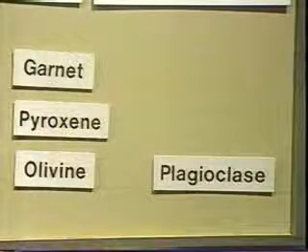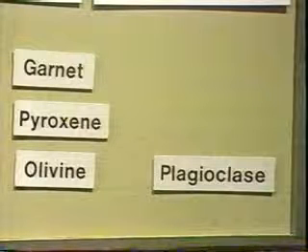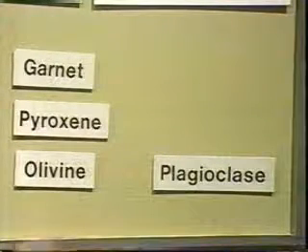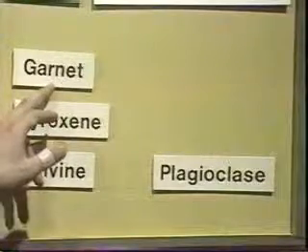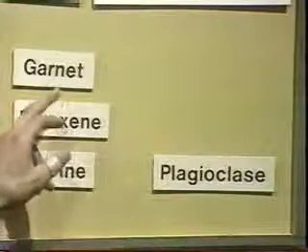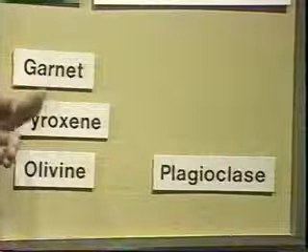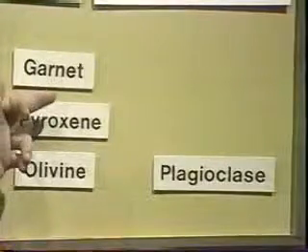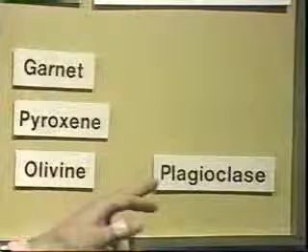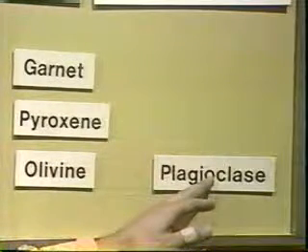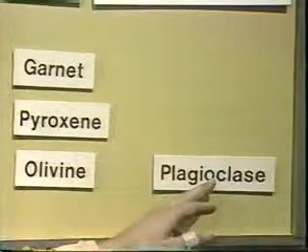And the sodium and calcium from the pyroxene are accompanied in the liquid by aluminum, which is derived from the beginnings of the melting of the garnet. So these two minerals, the pyroxene and the garnet, as they begin to melt, contribute to that part of the molten material which will eventually crystallize as plagioclase.